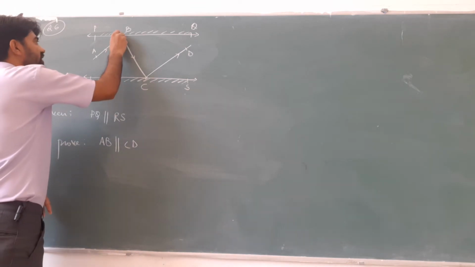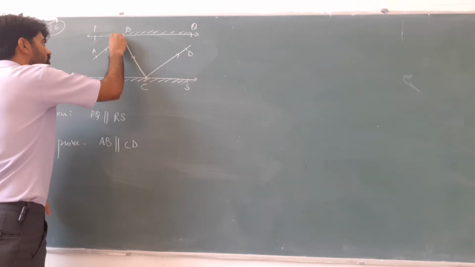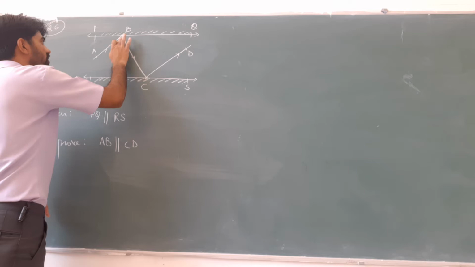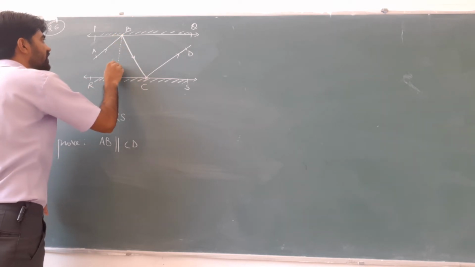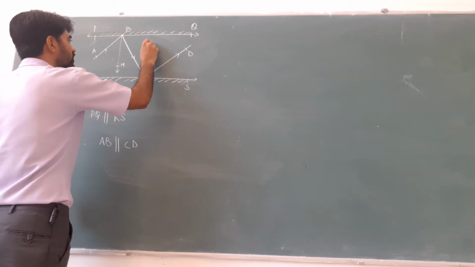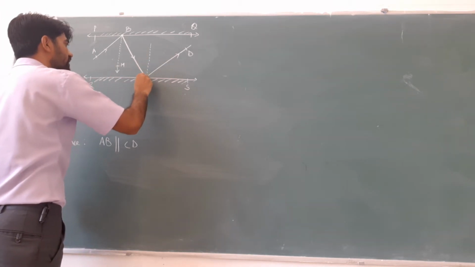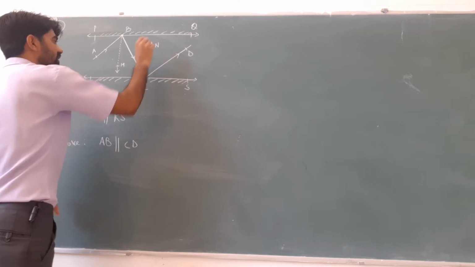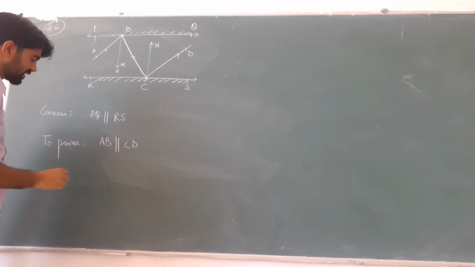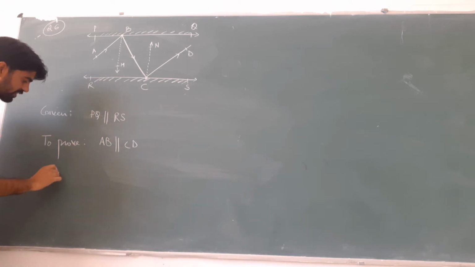For that we need perpendiculars, so normals. So I am drawing a normal here. Let it be BM and one normal at this point of incidence, this one, let it be CN. Okay. So what construction we have done?